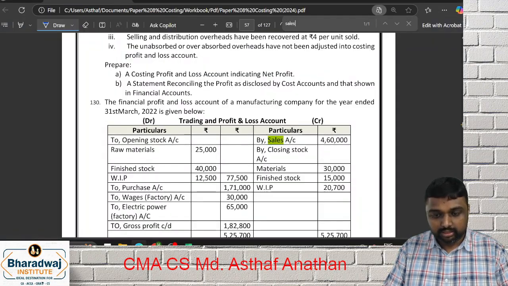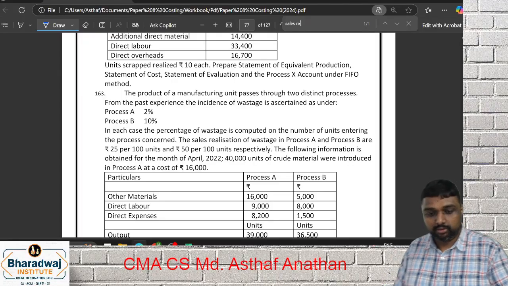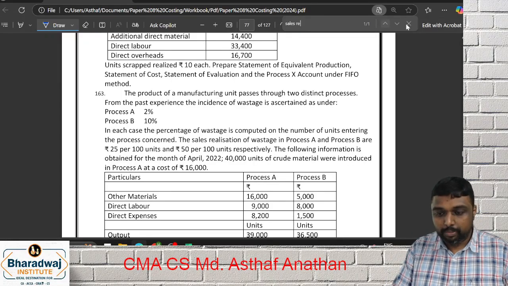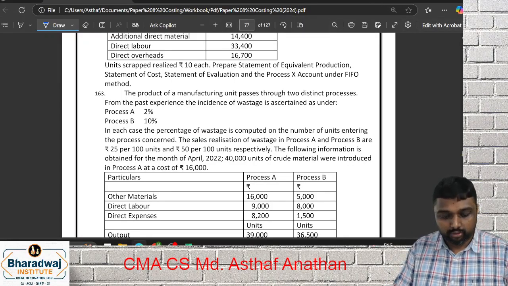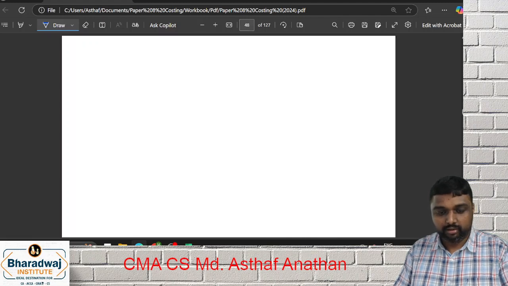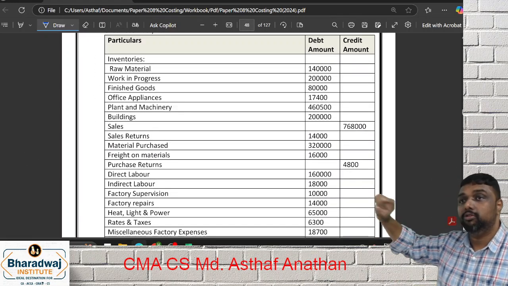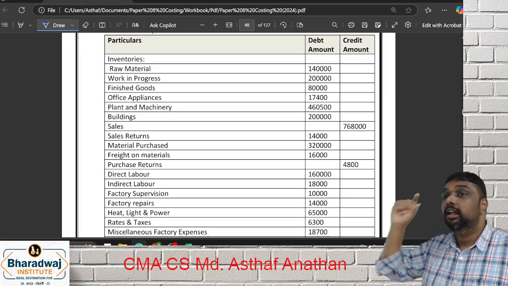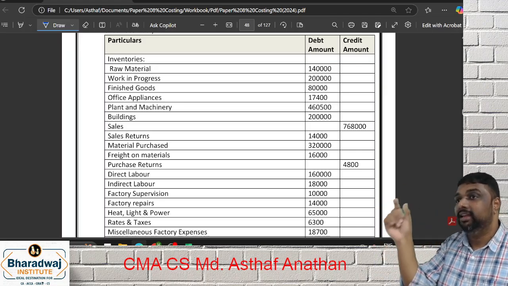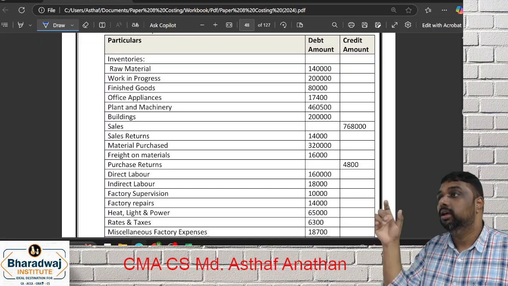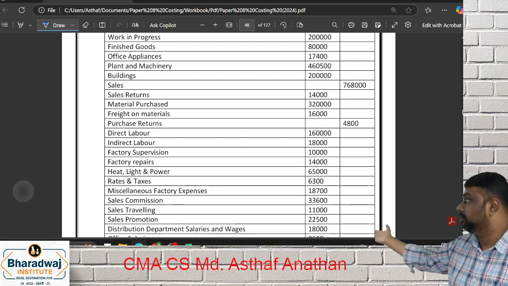If you take sales return, I told factory expense and all this question. If you take your page number 48, today we have told you this factory overhead, they'll give the breakup. I have told you the example in the last session that factory overhead they may not give directly. They'll give factory rent, depreciation of factory. That is the point.